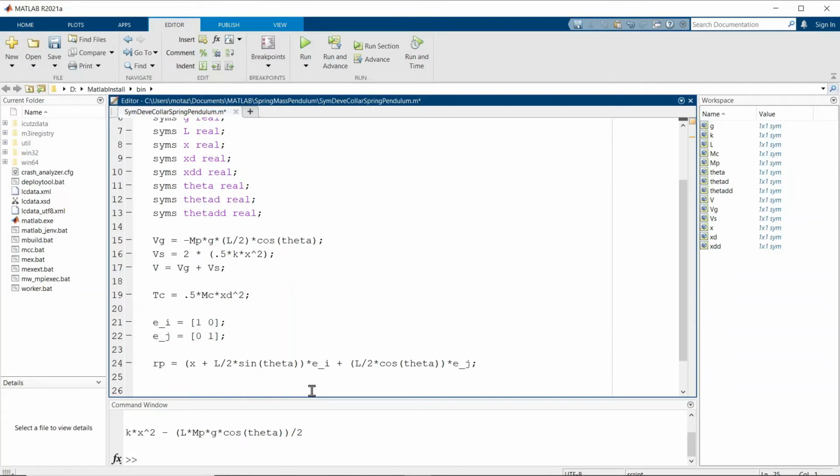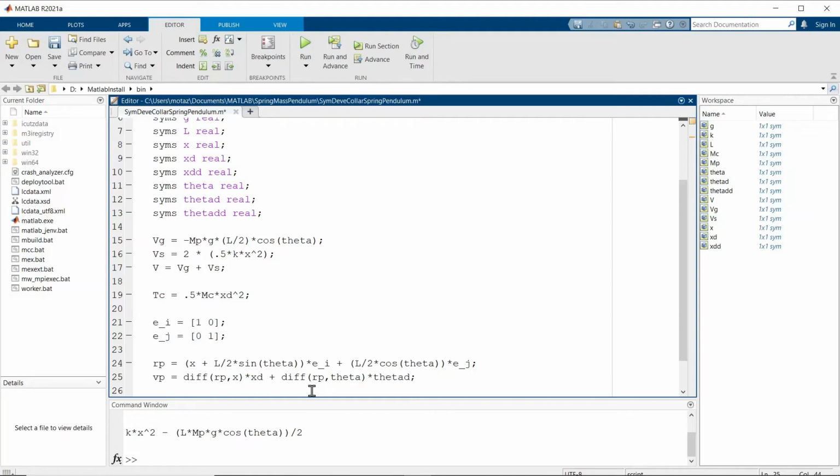Okay, now if we differentiate this, we'll get the velocity of the pendulum. So we use our diff function, R sub p with respect to x. We need to use the chain rule, multiply that by x dot, and then we have another variable that is changing with respect to time, and that's theta. So we need to add the derivative with respect to theta times theta dot.